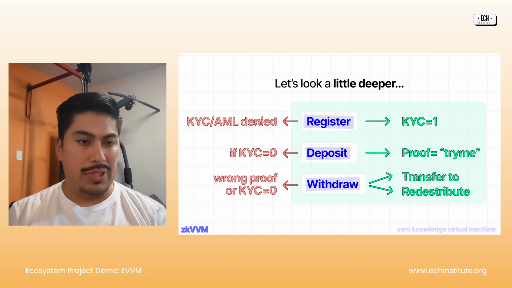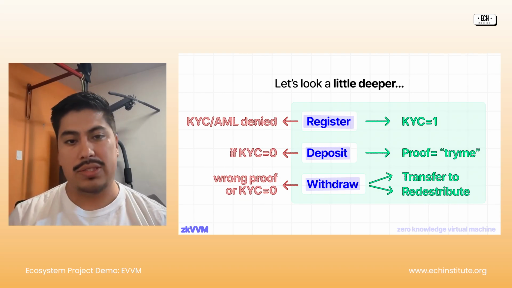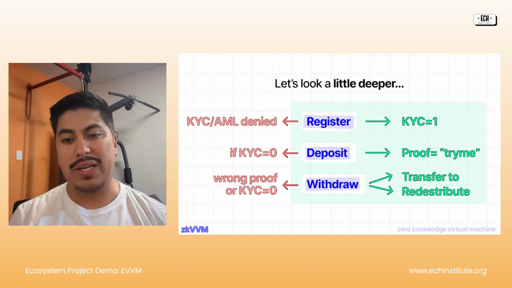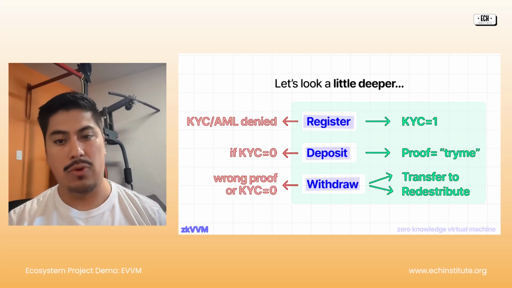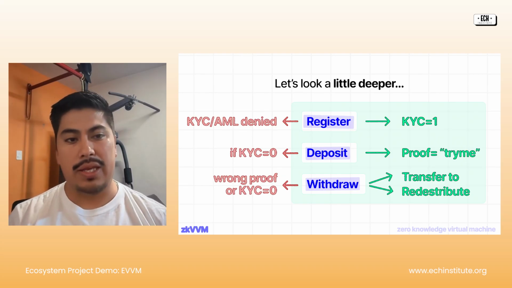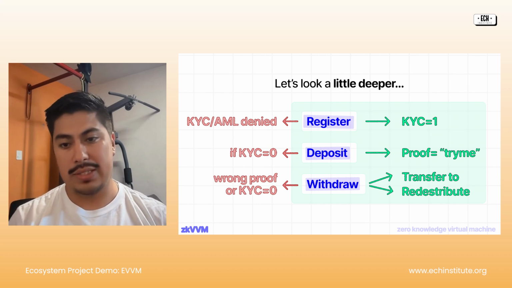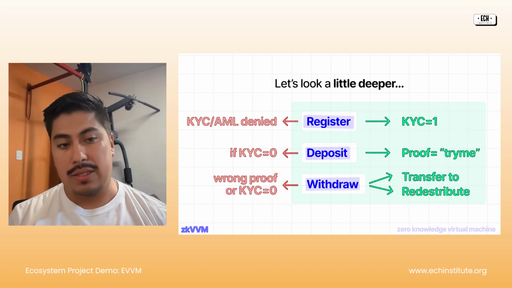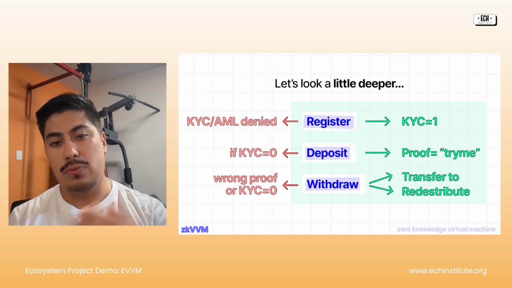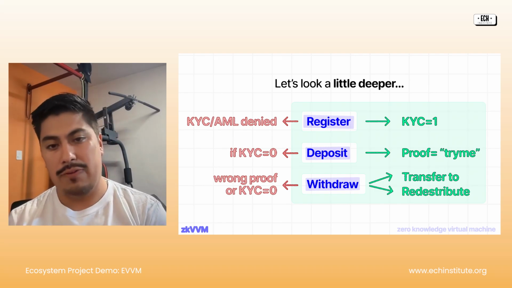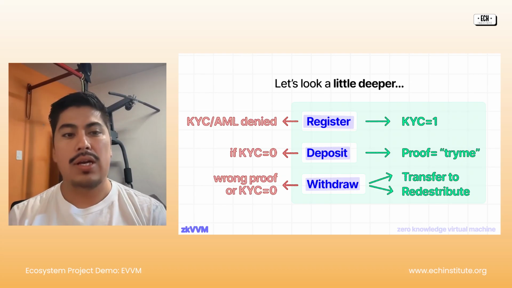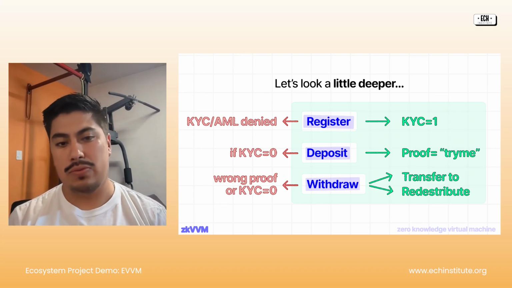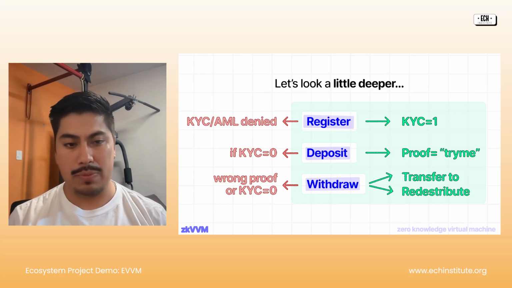A little bit deeper: if the user is not registered or is not passing the KYC, it's basically a Boolean true or false, and the interaction with our protocol in this ZK version is denied. In case the KYC passes, we generate a proof of the deposit, as I mentioned before. And when the user tries to make a withdrawal, we check the proofs.